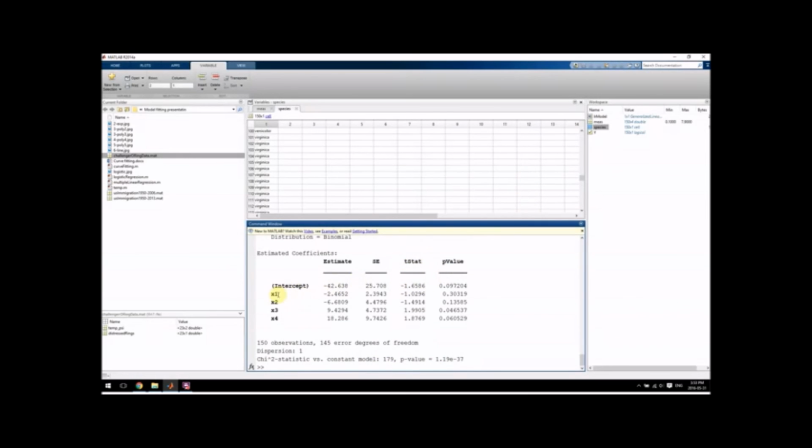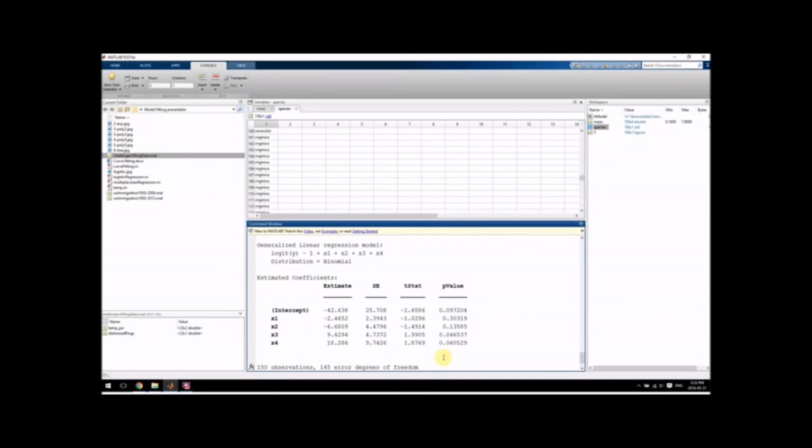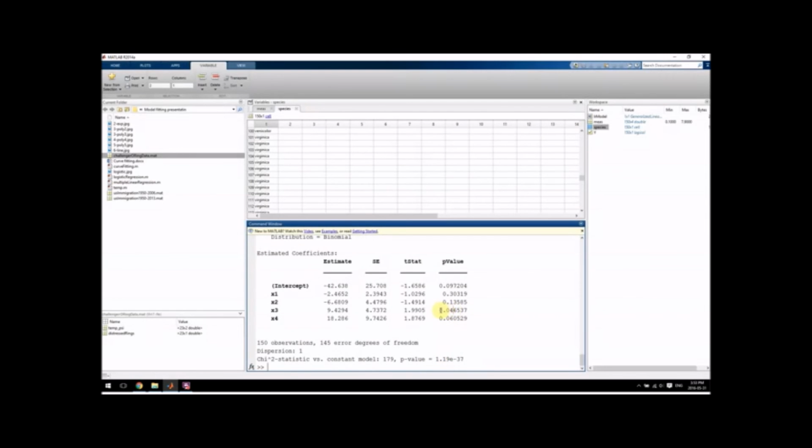So here's the 4 coefficients. Well, there's an intercept and 4 coefficients for the 4 measurements that we take from our flowers. Great. So we can see though that these 2 are not statistically significant, right? So it looks like we probably could get away with a simpler model that just has 2 terms in it.